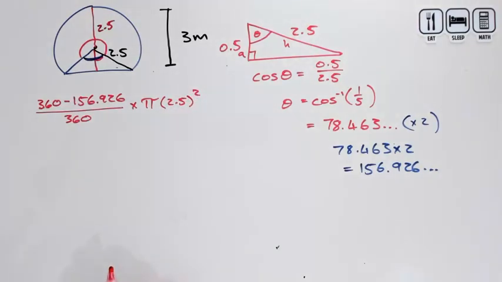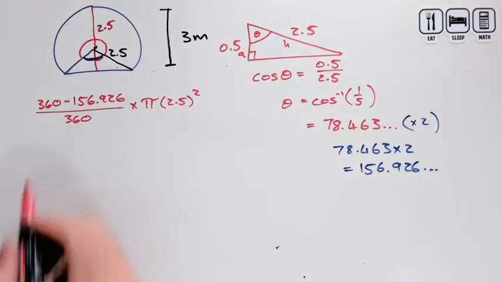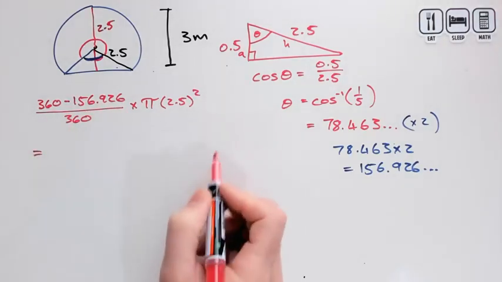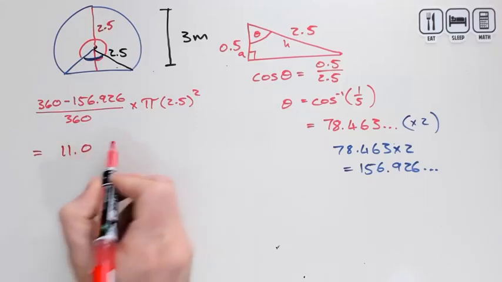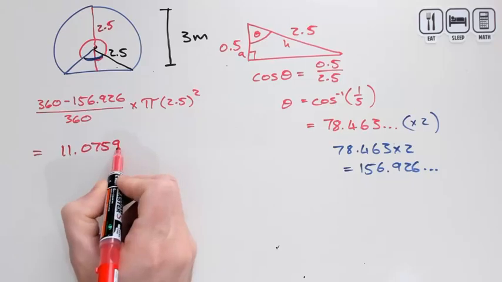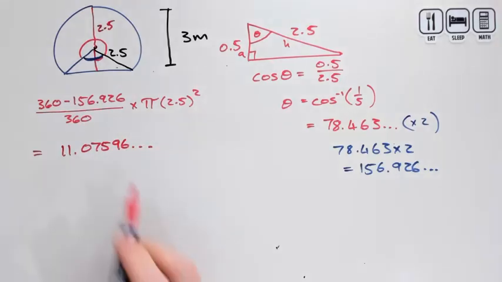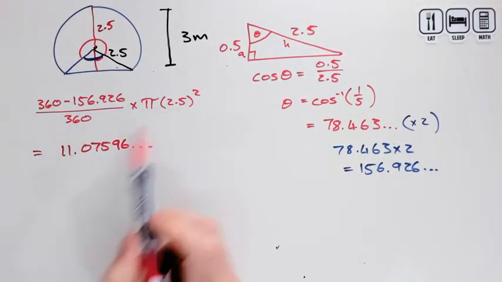So that's going to be that part. But then I have to add, so let's work that part out first. If I type all of that in my calculator, I should get a number like 11.057596. Okay, so that's just calculator work. You just type that in your calculator.